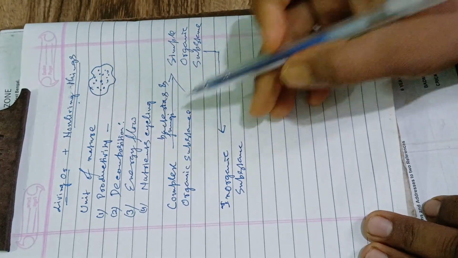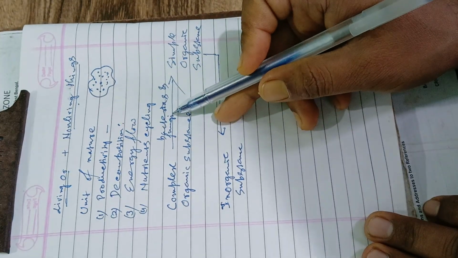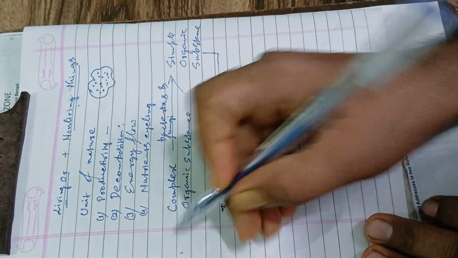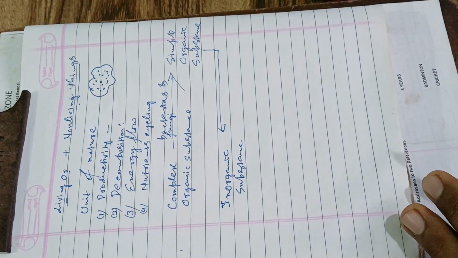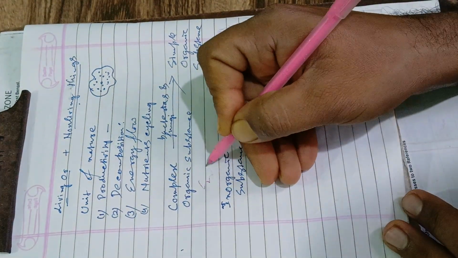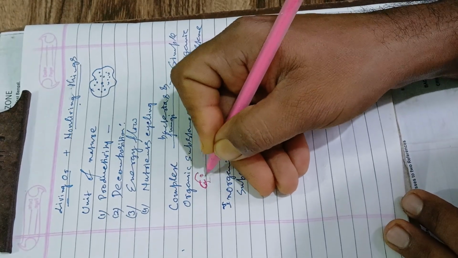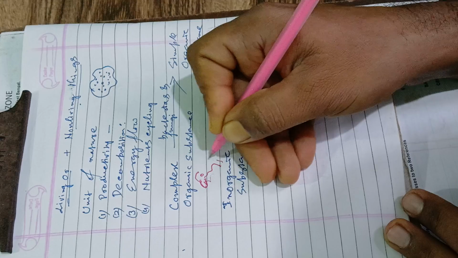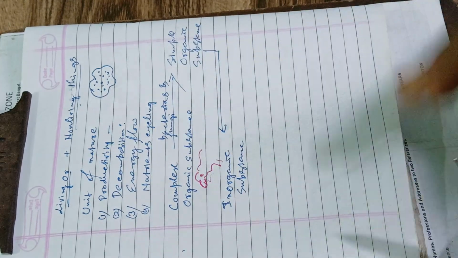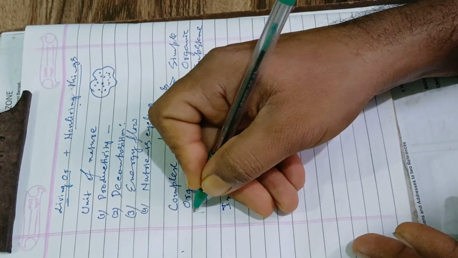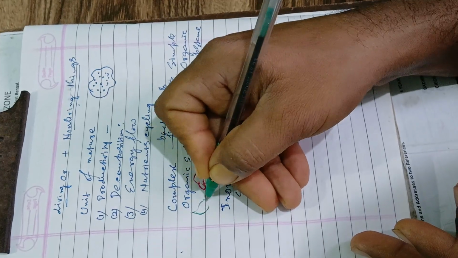So student, bacteria and fungi release the enzyme from their body on the dead and decaying material. Suppose this is the dead and decaying animal, this is the dead animal. Or this is any dead plants, or this is the dead leaves.